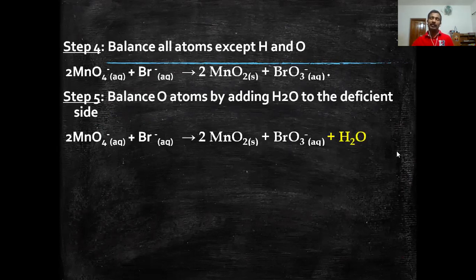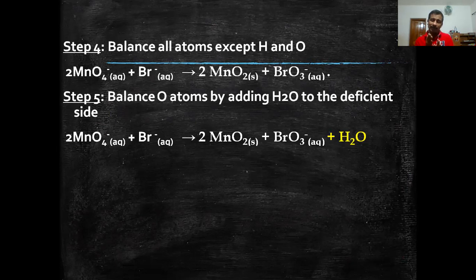Now finally balancing your hydrogen, can you add H plus to the deficient side? No, because the medium is basic. You can add OH minus, but by adding OH minus you cannot balance hydrogen. What is the reason? There is oxygen, so the oxygen atoms may not be balanced. So in order to keep all the atoms balanced, finally the hydrogen atoms are balanced by adding H2O, the required number.